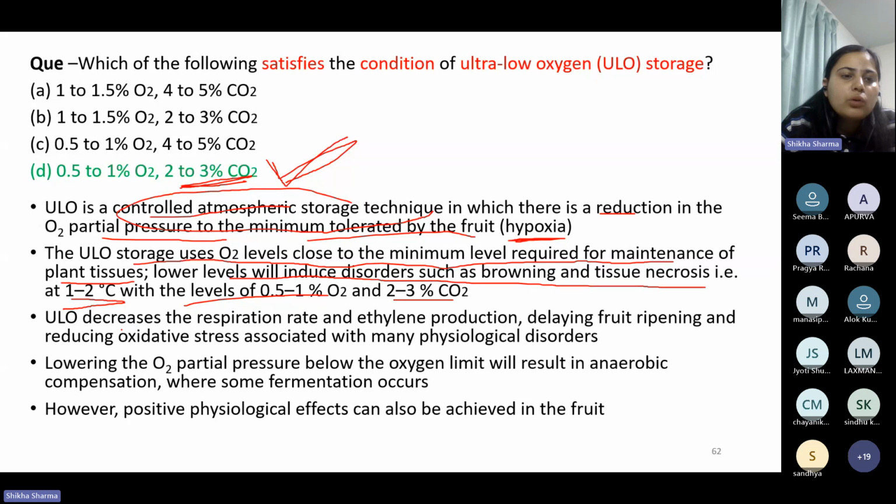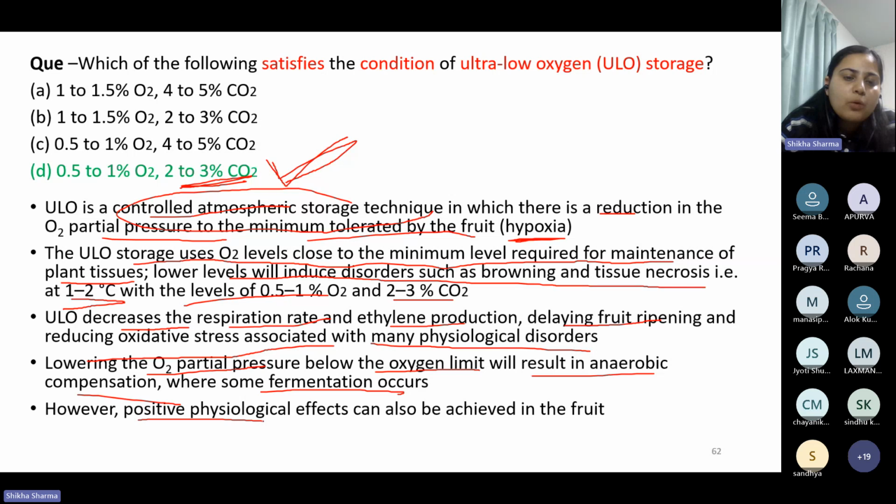Ultra low oxygen decreases the respiration rate and ethylene production, which delays fruit ripening and reduces oxidative stress with many physiological disorders. When we lower the oxygen partial pressure below the oxygen limit, it will result in anaerobic reactions like the fermentation reaction.